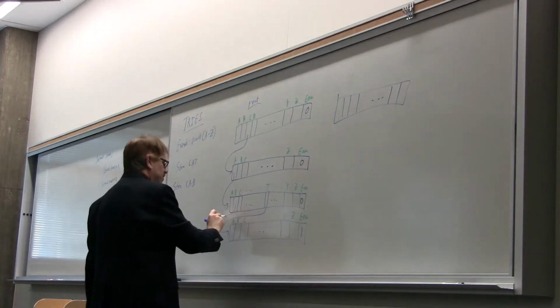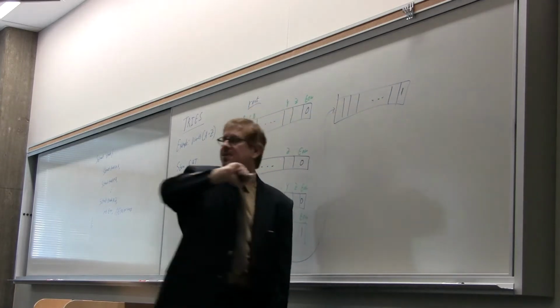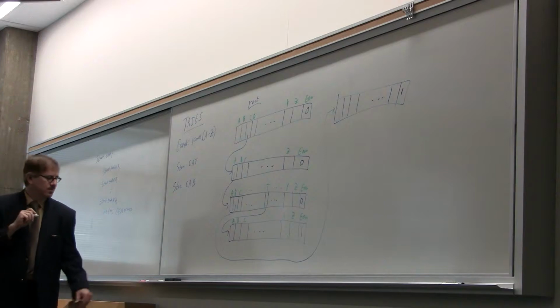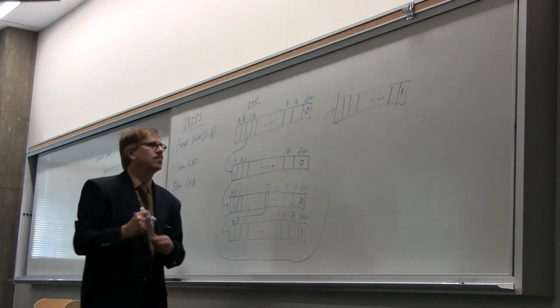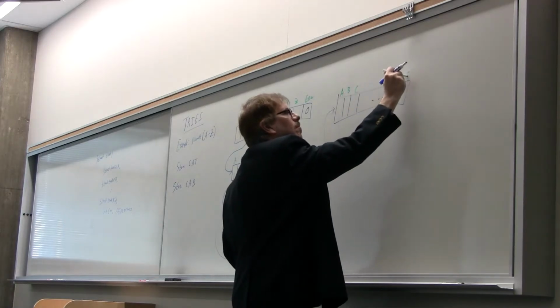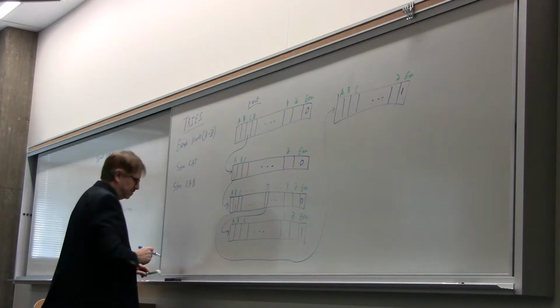We have the B pointer point to that. And we set the end of word flag to 1. So now we have 2 words in our try, cat and cab.